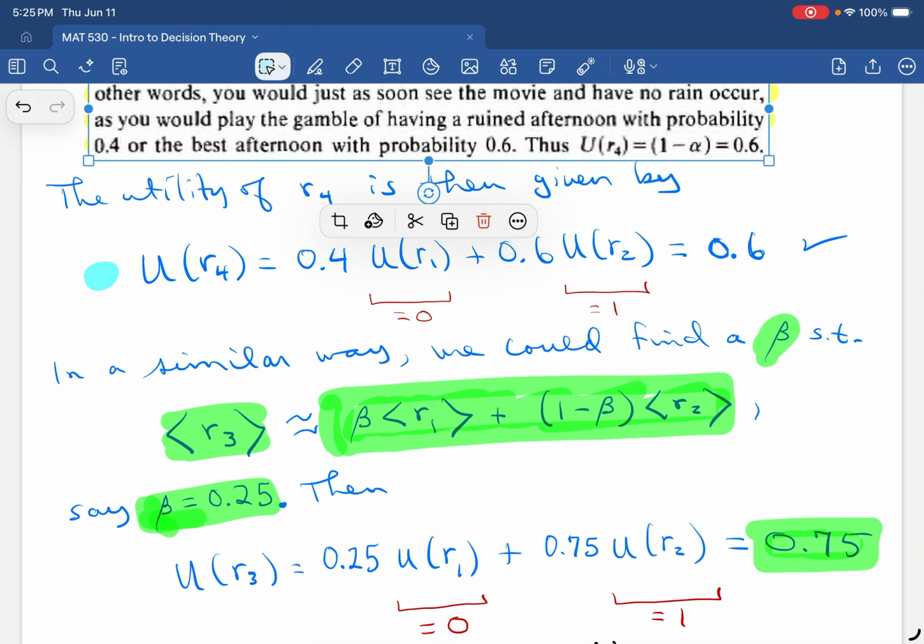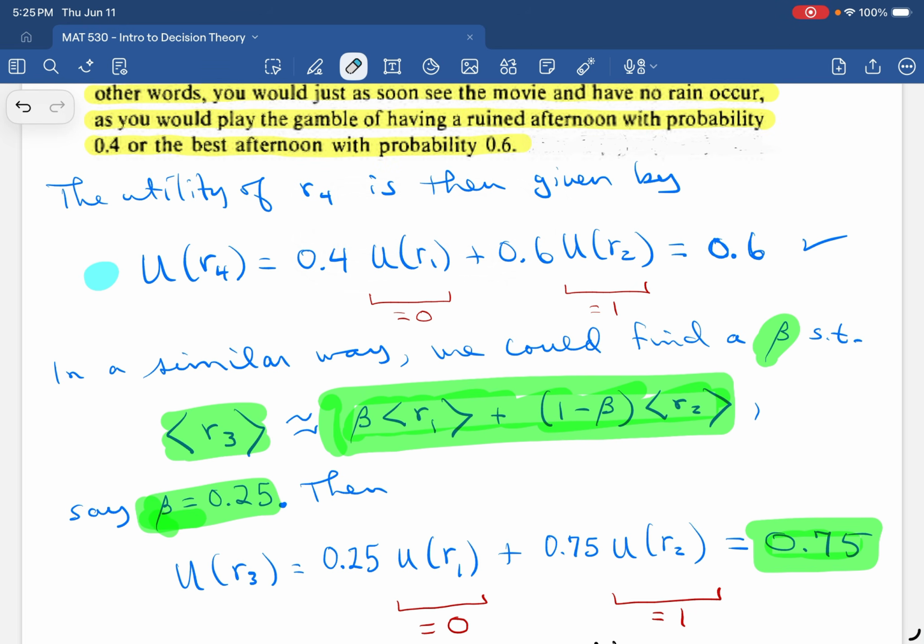Okay, the last one is to figure out how much utility to assign to R3, and remember that's the situation where you go to the movies and it rains. And remember that's a situation that was deemed a little better than R4 because in that situation you would have made the right decision.